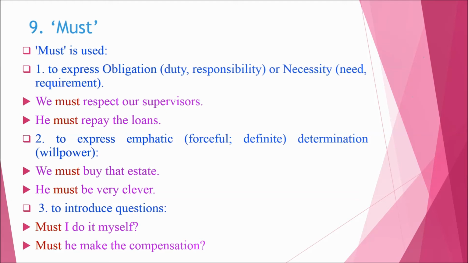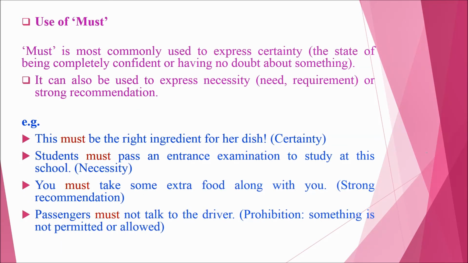Next, let's see about use of must. Must is most commonly used to express certainty. What is meant by certainty? Certainty means the state of being completely confident or having no doubt about something. It can also be used to express necessity, which means need or requirement, or strong recommendation. Now let's see some example sentences.